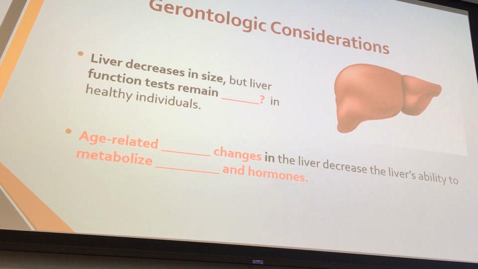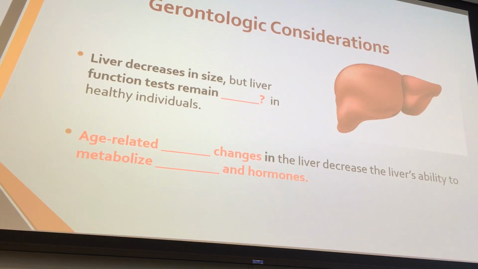So, the liver decreases in size, but does it change in terms of its function? No. I mean, yesterday we talked about you could lose about 90% of your liver and it could regenerate. I don't know how that would work as we age, but we also know that if the liver is damaged enough, it won't regenerate, right? Okay.